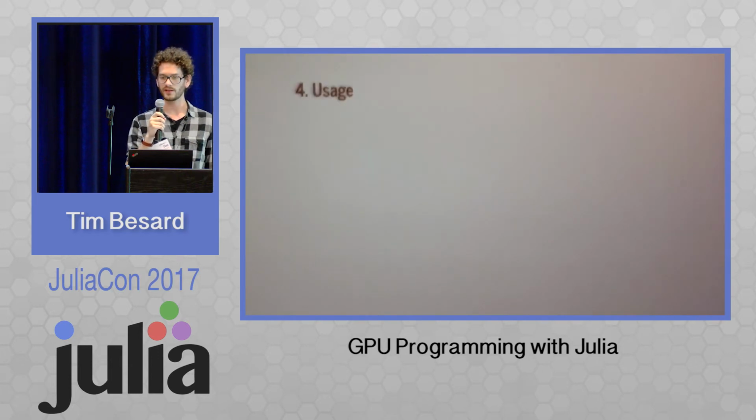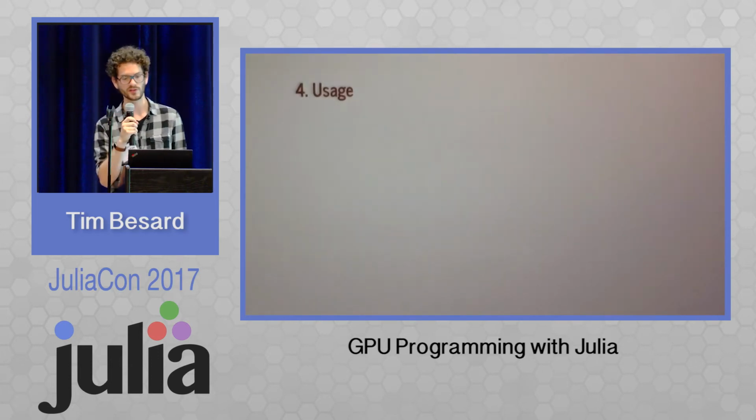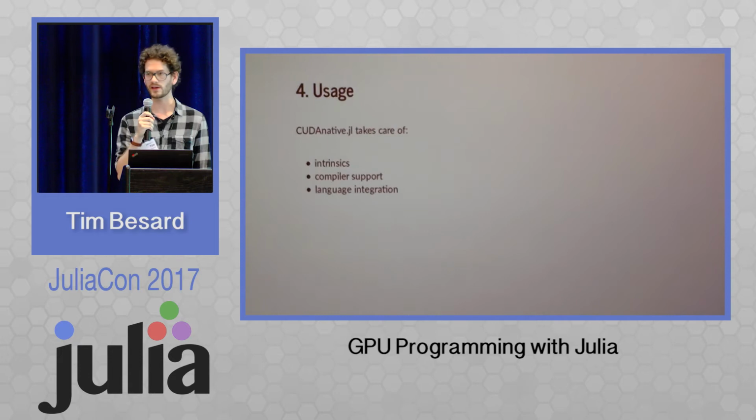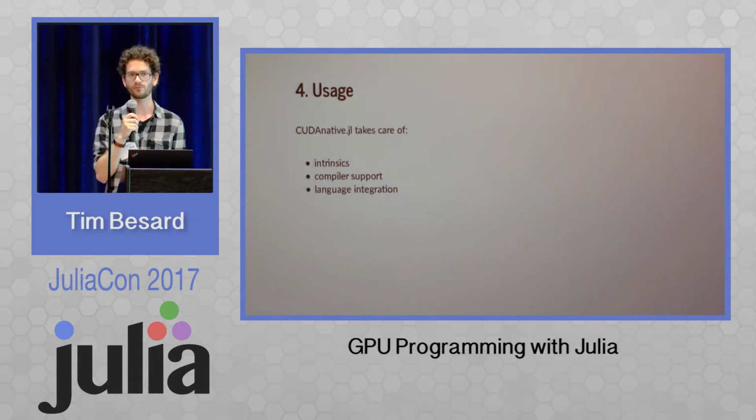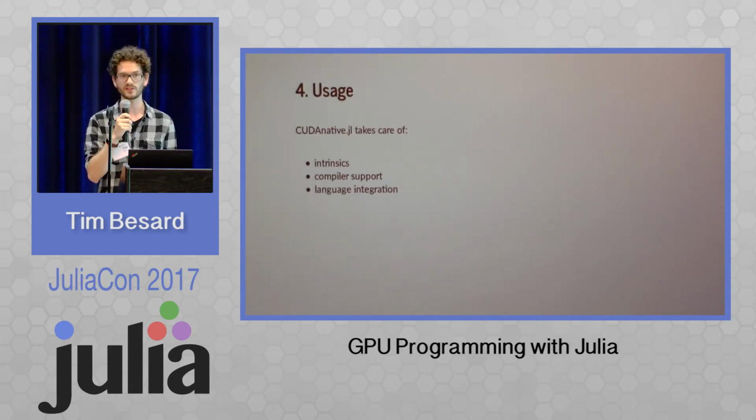So the interesting part is, how do we use CUDAnative.jl? Being a CUDA C replacement, it takes care of providing compiler intrinsics you need to write GPU code. It also provides compiler support, enabling the compilation of Julia code to PTX, which is the assembly format used for NVIDIA GPUs. And it also offers some level of language integration to make it easy to call GPU functions from the CPU.